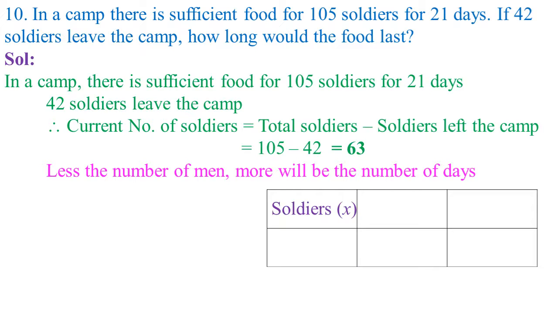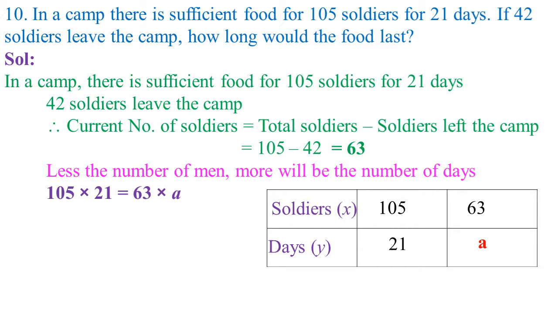Given soldiers, let's take x. Days, let's take y. Food is sufficient for 105 soldiers for 21 days. For 63 soldiers, we should find A. So 105 into 21 equals 63 into A. We should find the A value.